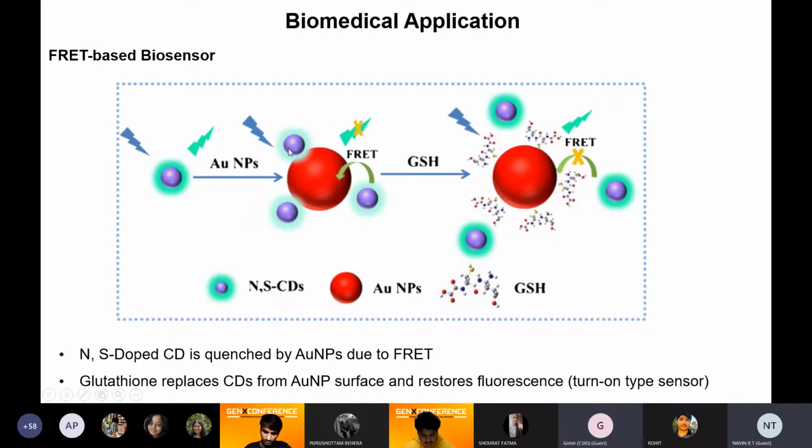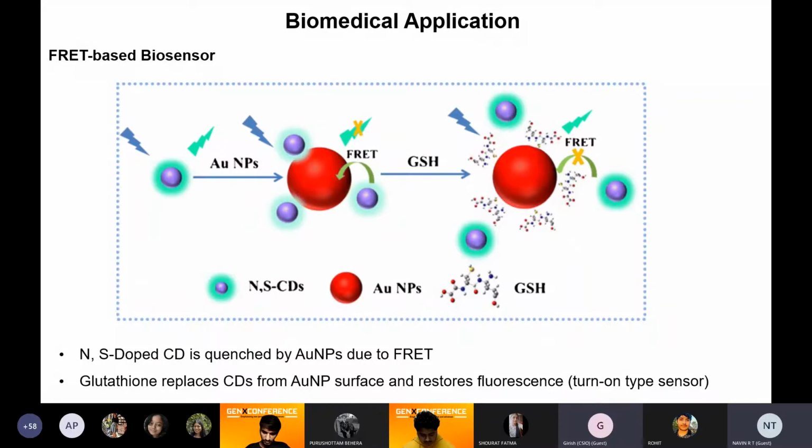Now, what was interesting in this particular study is that they produced carbon dots which are doped with nitrogen and sulfur. The sulfur atoms present on the surface of the carbon dots can now interact with gold nanoparticles because of the gold-thiol bond, which is very stable and very well known. Gold has this plasmonic property of quenching.